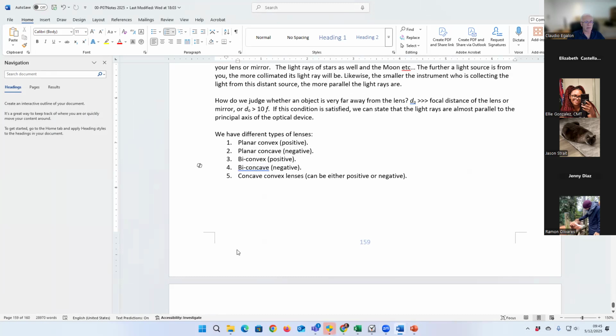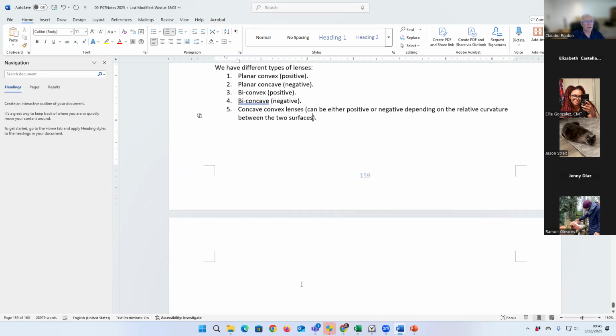Concave, convex lenses can be either positive or negative, depending on the relative curvature between the two surfaces.